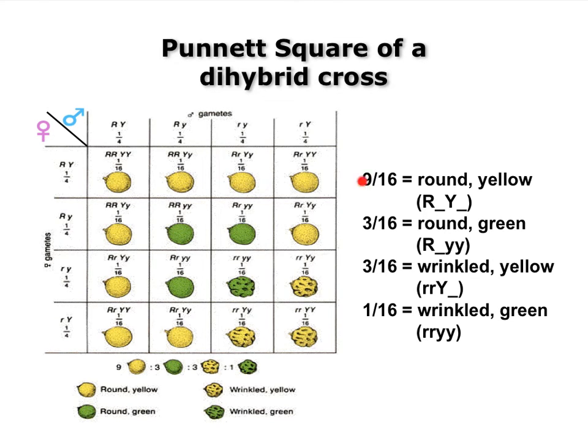You're always going to get the 9 yellow rounds, phenotype only, 3/16 round greens, 3 out of 16 yellow wrinkled, and 1 out of 16 green wrinkled. And so you have that 9-3-3-1 ratio that you'd expect in a dihybrid cross.